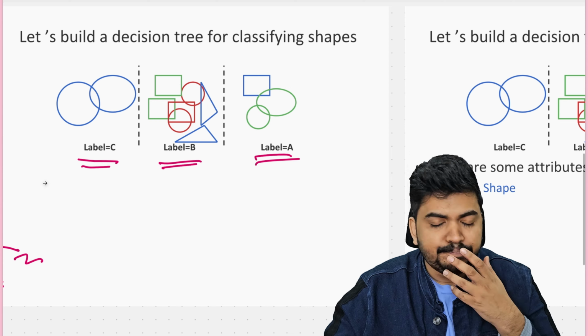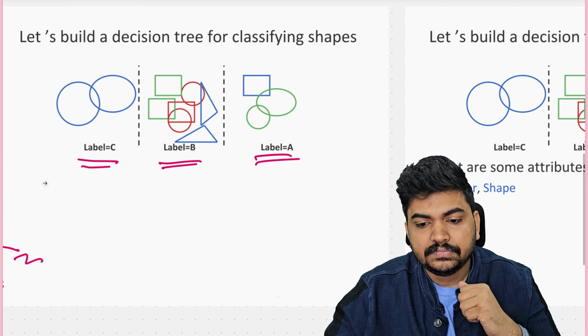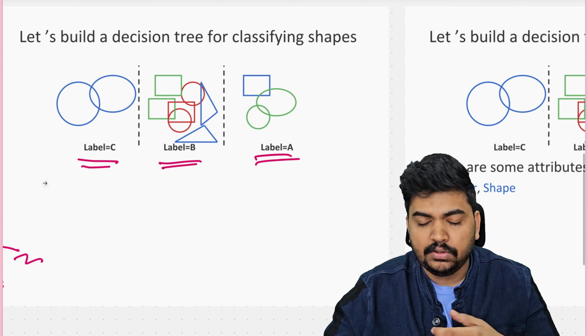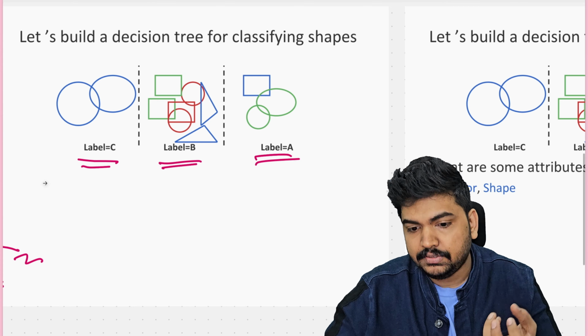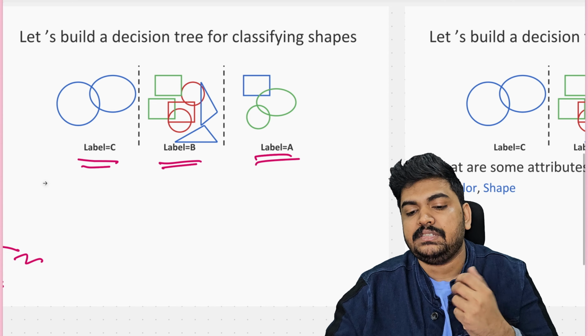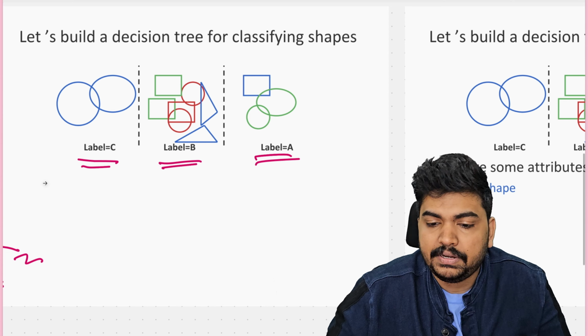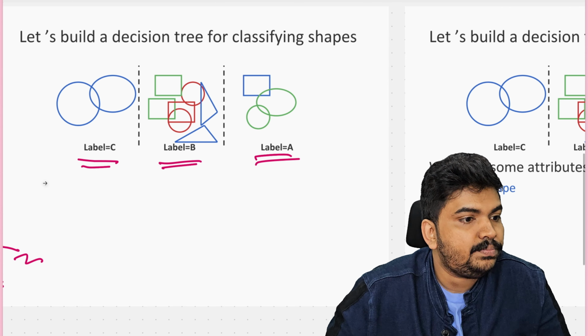So naturally, we have to learn a classifier that explains this partitioning, or at least can perform this partitioning for a new unseen scenario.